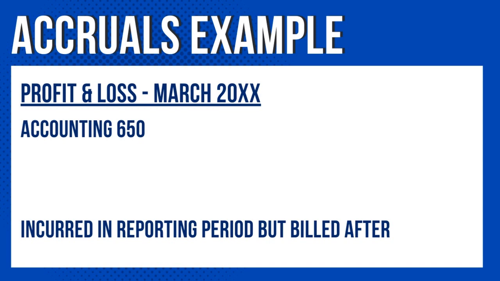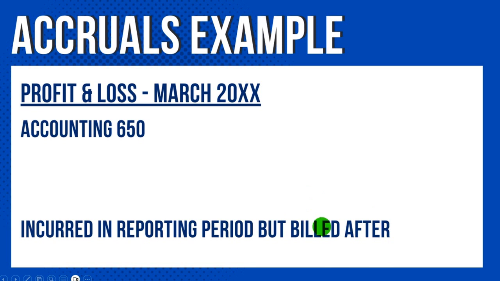Other examples of accruals could be things like wages. Sometimes the wages journals are done at the beginning of a month for wages that relate to the previous month. So in that case, you could do an accrual. And once again, going back to the whole bill thing I mentioned earlier, you don't receive a bill for wages. So this is why it's not always going to be based on invoices.